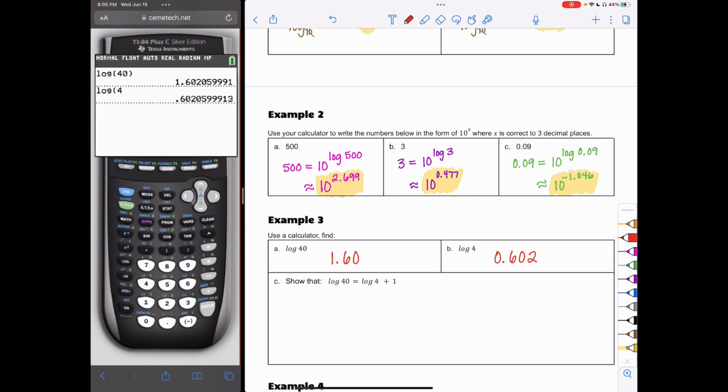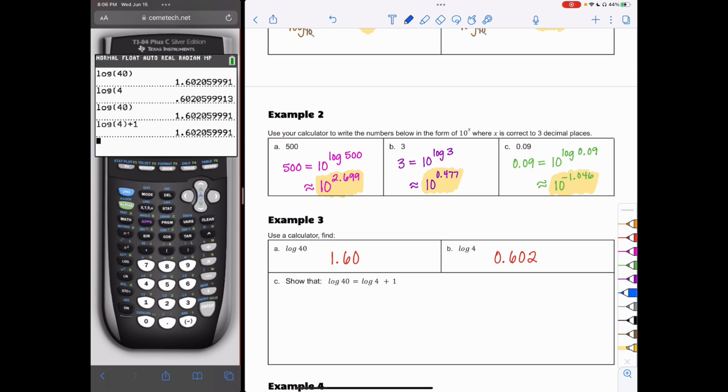I know that the log of 40 is equal to the log of 4 plus 1 because if I type in the log of 40, like I did before, I get 1.602 and it's going to continue. And if I type in log of 4 and then plus 1, I get the same exact thing. It's not about telling them that they are equivalent. We can use the calculator for that. We need to show why it is equivalent by using properties that we know.